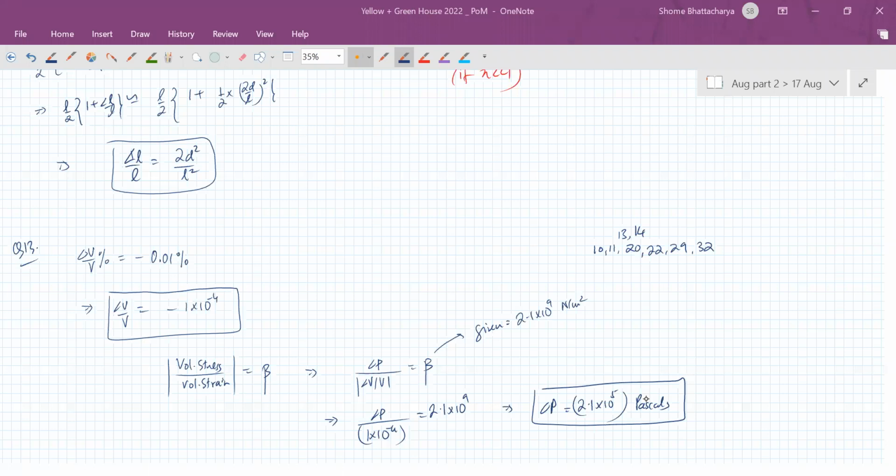And once you know the volume strain, from that you can calculate the percentage change in density. Okay, so just try out question 14 yourself. We'll discuss.